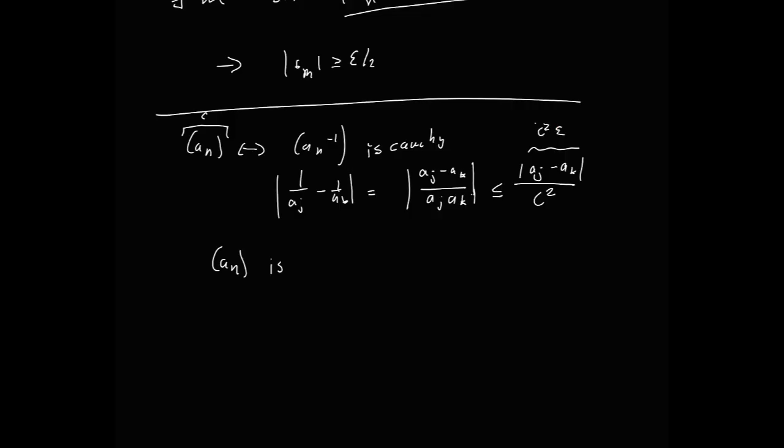Okay, so now we'll just define the reciprocal to be the limit as n goes to infinity of the reciprocal of a_n. Now we can prove that reciprocation is well defined and all that good stuff.